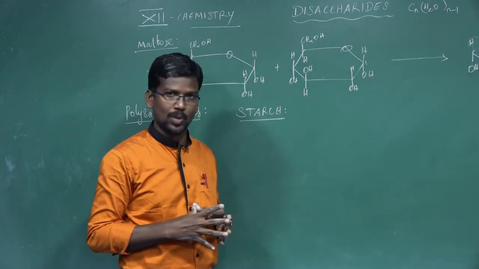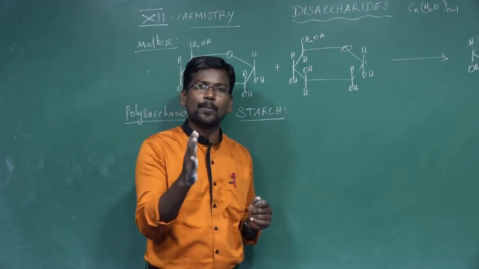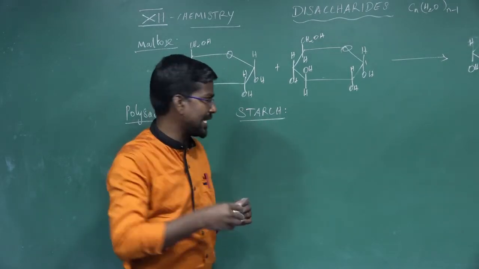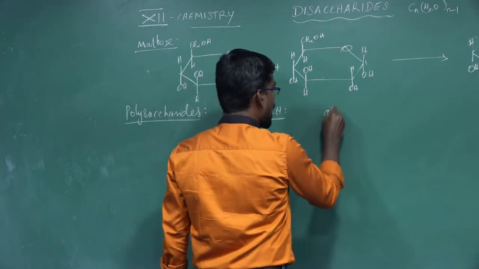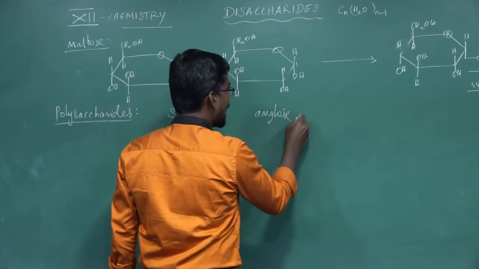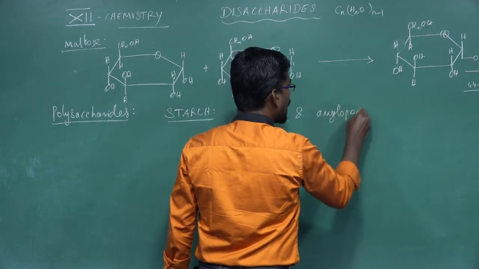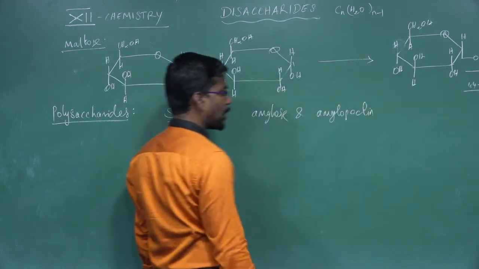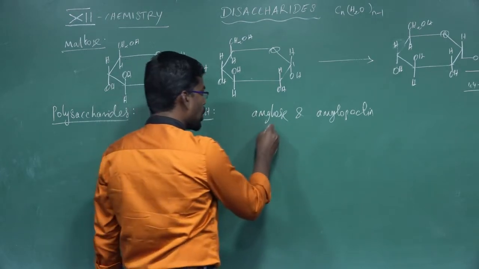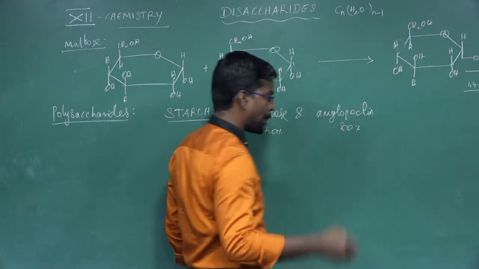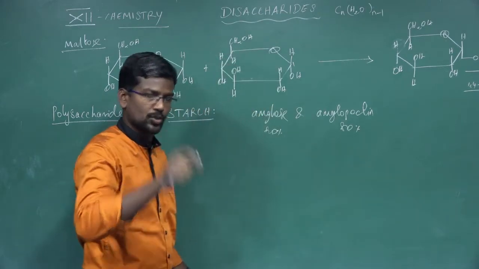Starch separates into two fractions, amylose and amylopectin. 20% amylose and 80% amylopectin are present in starch.